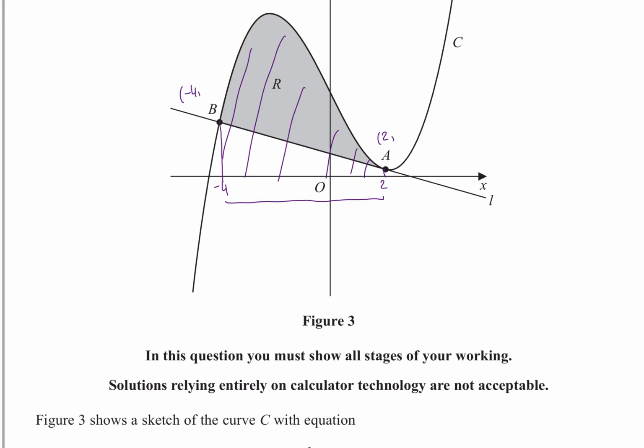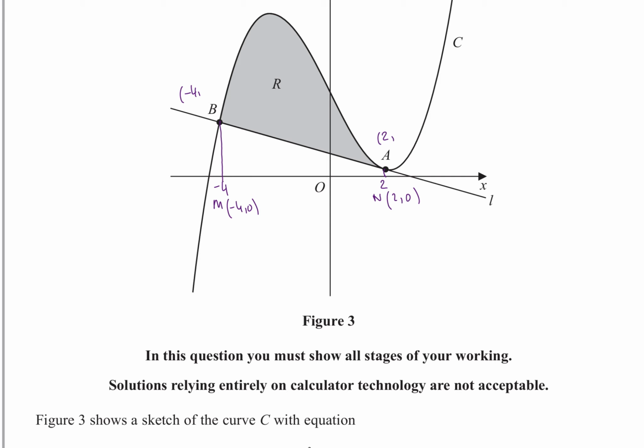So we need to subtract this white part, which is the trapezium. If I name these points on the x-axis, this is the point M, which is (-4, 0), and the point N, which is (2, 0).